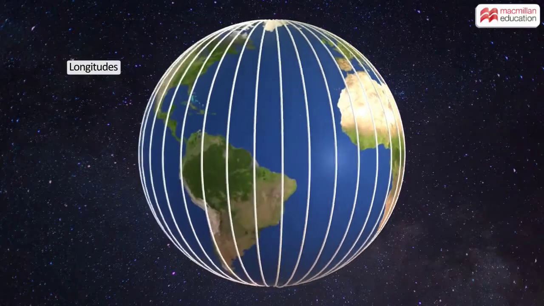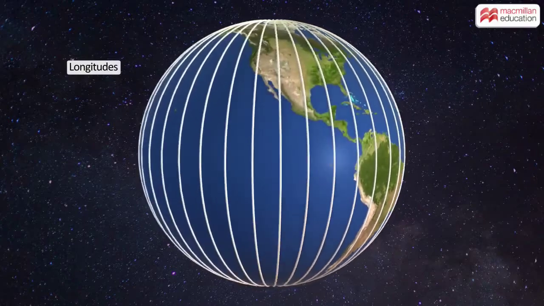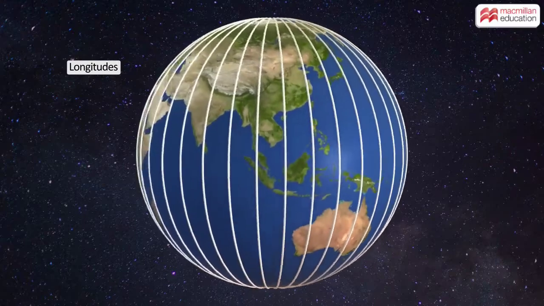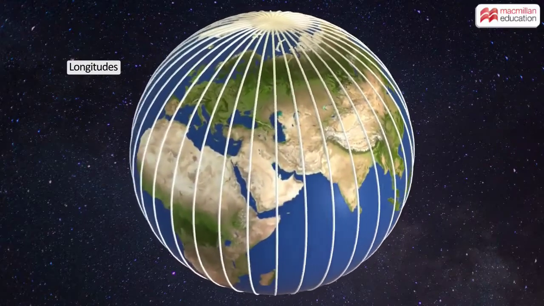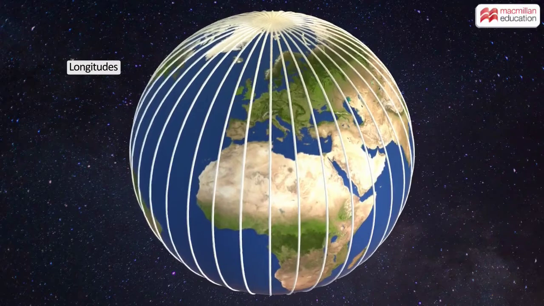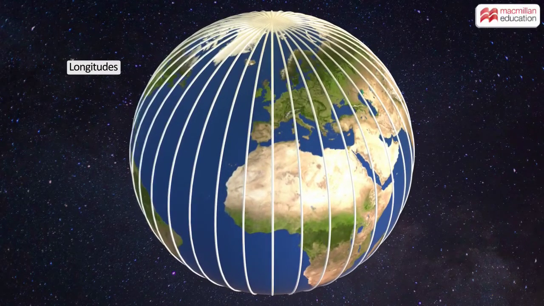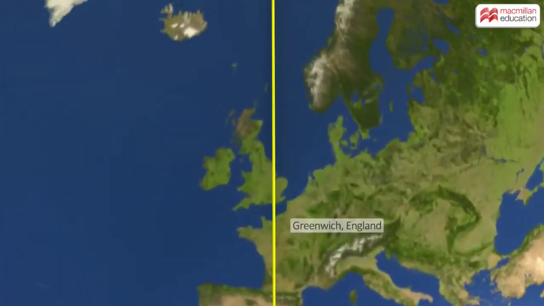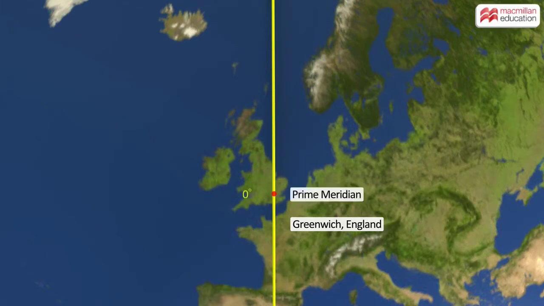Longitudes or meridians are the imaginary lines drawn between the two poles. They divide the earth into 360 equal segments, like that of an orange. The 0 degree longitude passing through Greenwich in England is called the prime meridian.